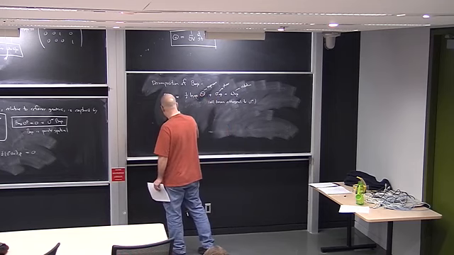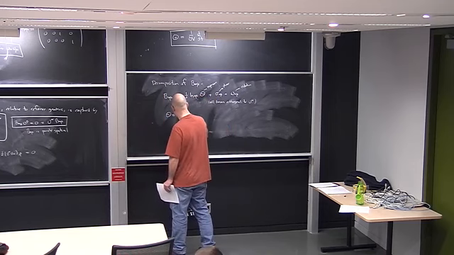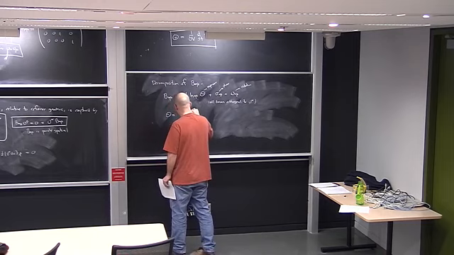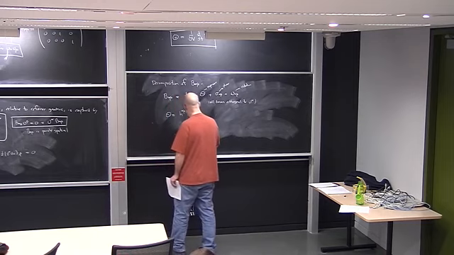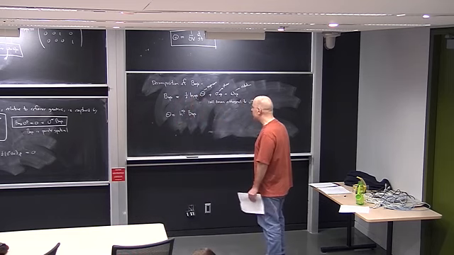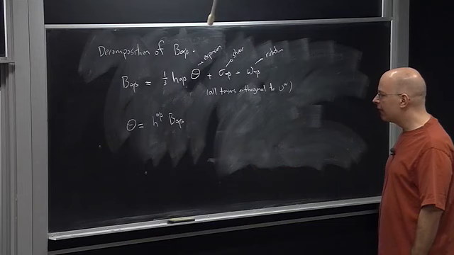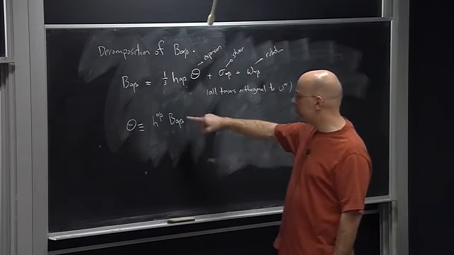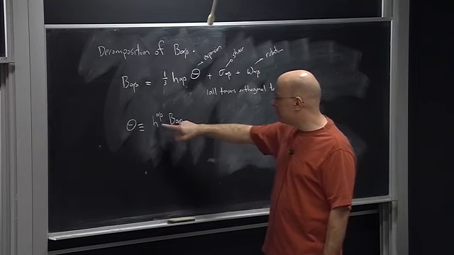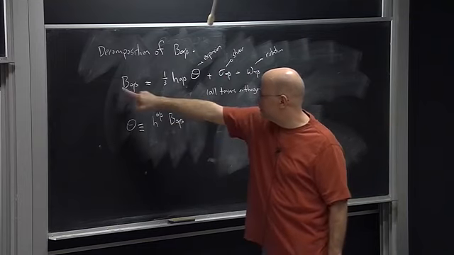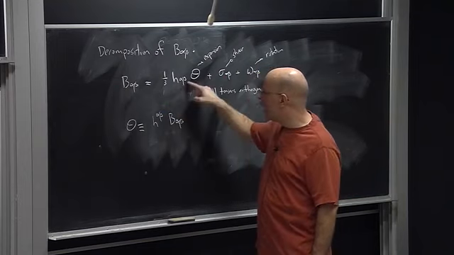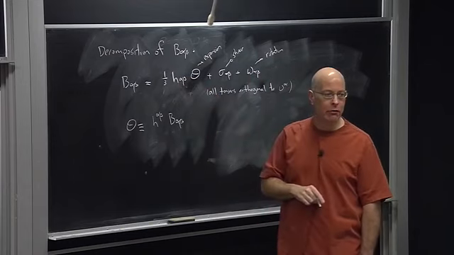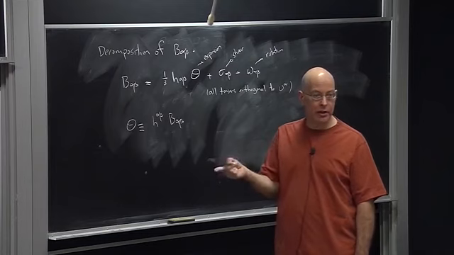So theta is defined to be the trace of B alpha beta, and you can verify that there's no contradiction between this and that, because if I multiply this equation here by h alpha beta, I get h alpha beta multiplied by h alpha beta, and from the equation I have over there, that's the trace of h alpha beta, which is 3.